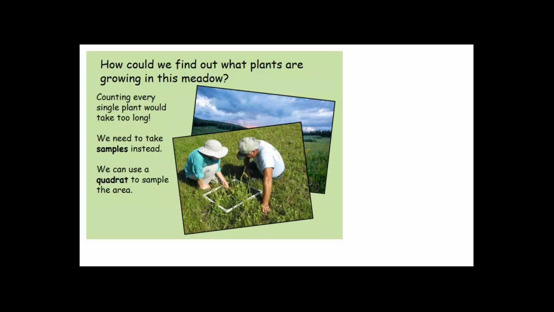So, going back to it then, how could we find out what plants are growing in this meadow? Counting every plant would take too long, as the meadow is very large. So what we do is take samples instead, and we use a quadrat to take samples.